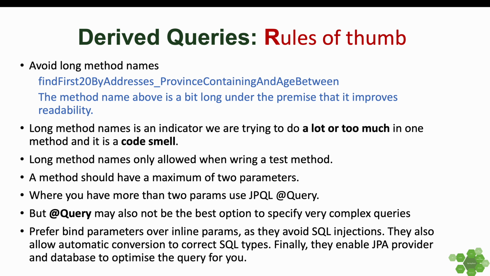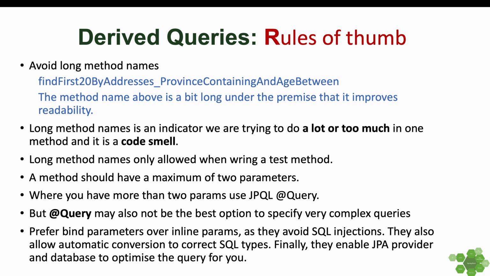Try to use bind parameters. First, because they avoid SQL injection. Second, because they allow conversion to correct SQL types. And finally, they enable the JPA provider and the database to optimize the query for you.